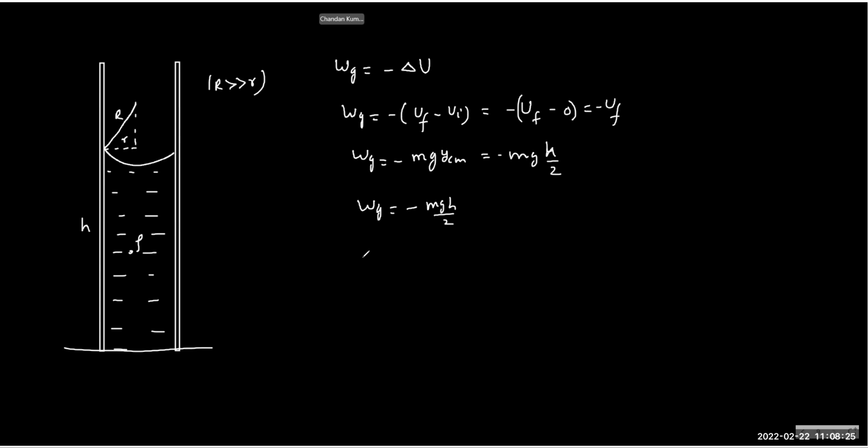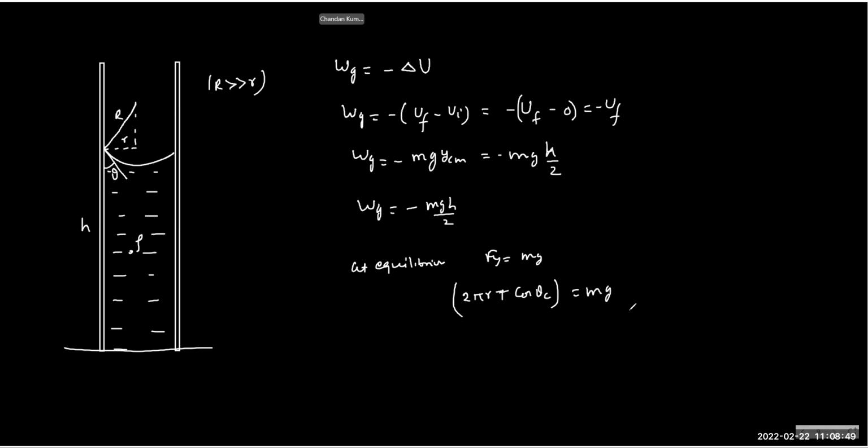We also know that at equilibrium, Fy equals mg, and Fy we have already calculated, if you remember, 2 pi r T cos theta c.